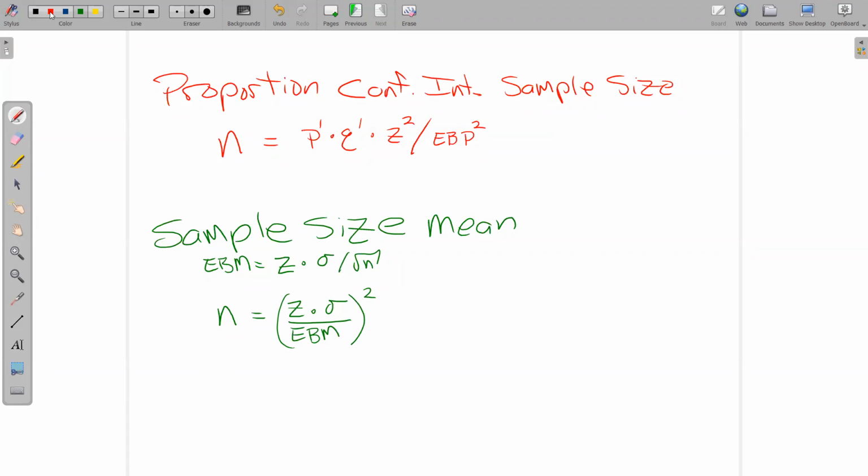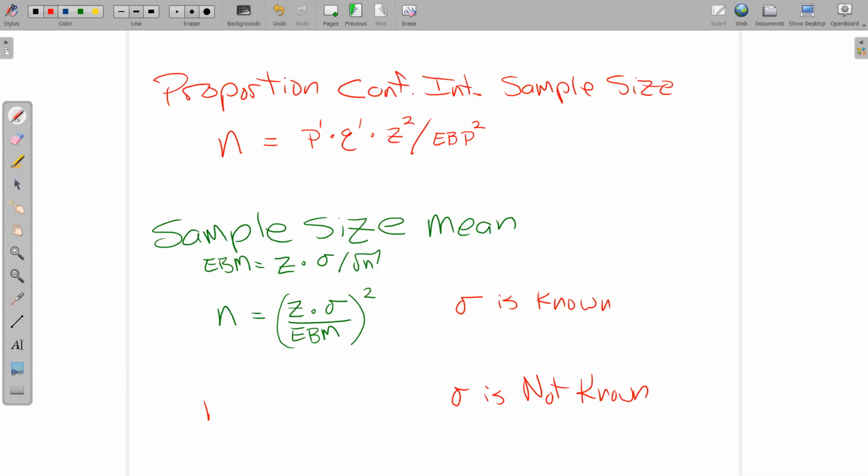If I don't know sigma, then that means I would have to know t. So this is for, let's make a red note, sigma is known, which is unlikely. Usually sigma is not known.